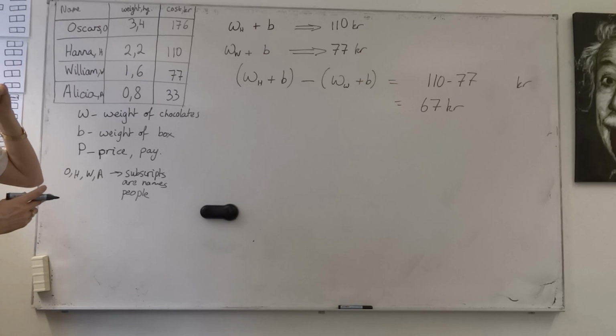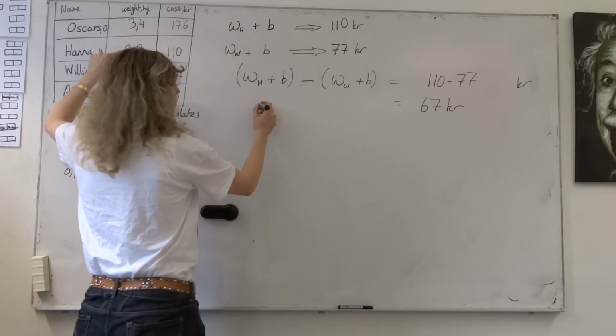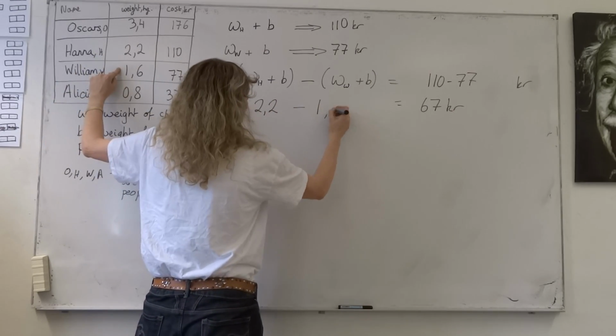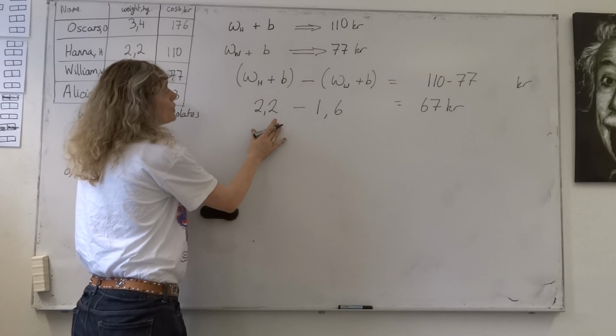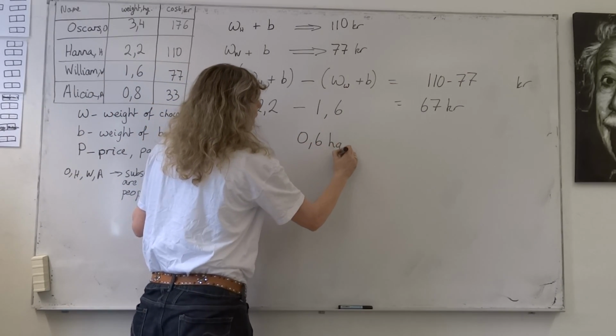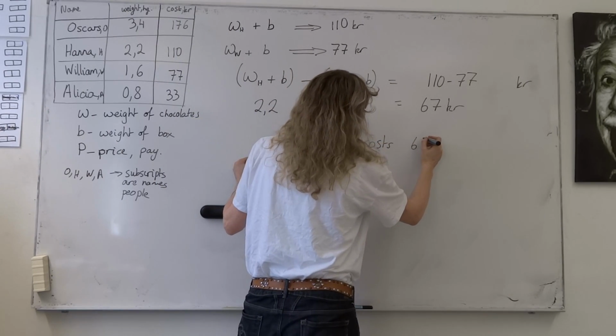Okay, what do we get then as the weight of Hannah plus the box? It's 2.2 minus 1.6. 2.2 minus 1.6, that's 0.6 hectogram, costs 67.